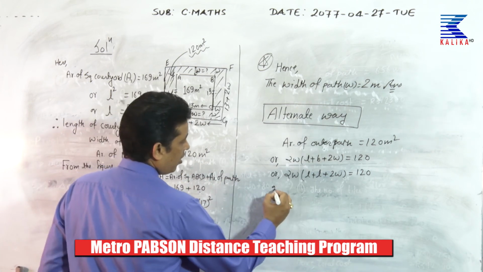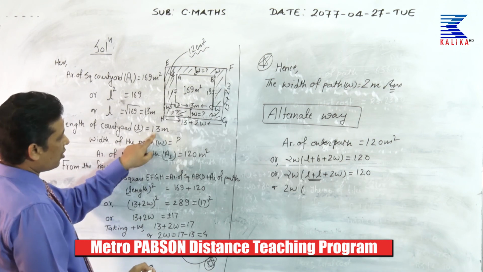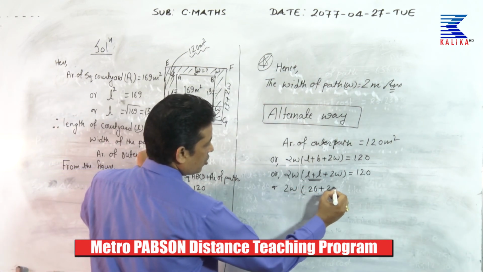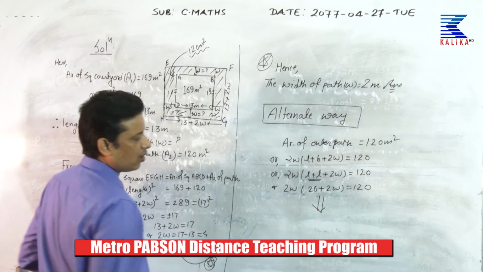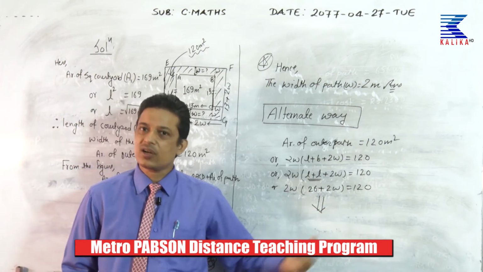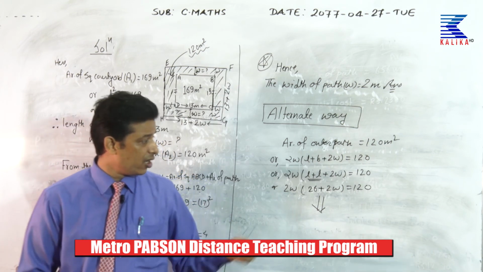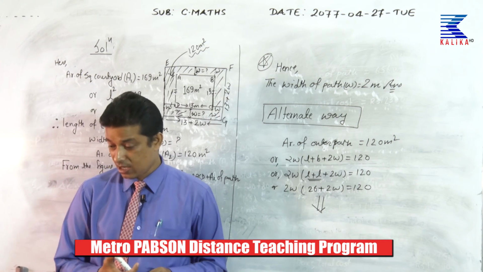So, 2W times (L plus L is 2L, L we have got 13 meter, 13 plus 13 is 26 plus 2W) equal 120. This way, if you go and factorize it, you will get it in quadratic form. Then after factorizing and solving that quadratic equation, you can find the width of the path.